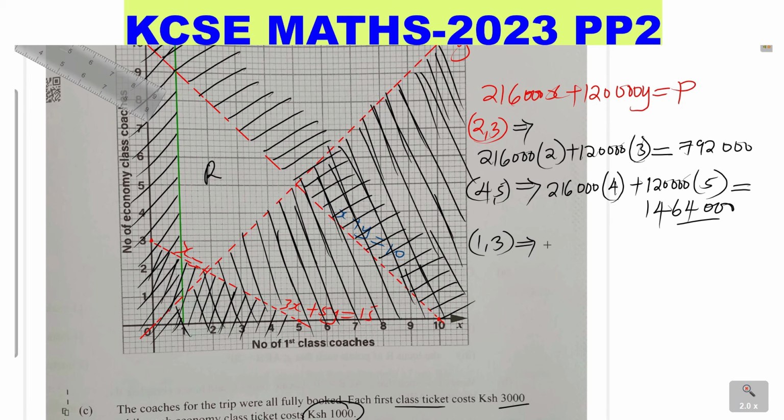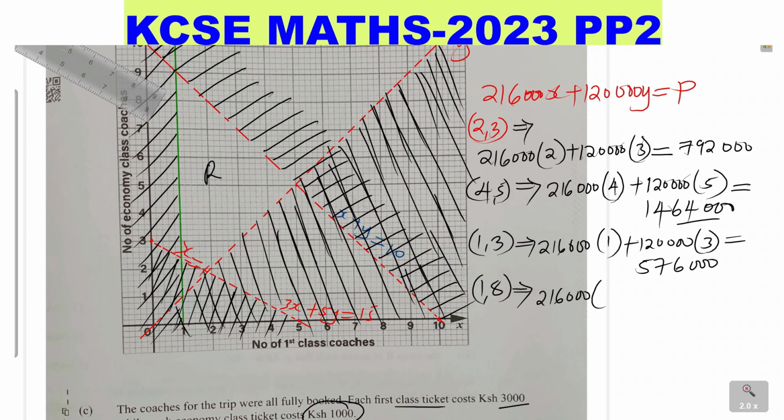So substitute this in the objective function, 216,000 times 1 plus 120,000 times 3, and this one will give 576,000. So pick the one on the upper side, which is (1, 8). So 216,000 times 1 plus 120,000 times 8. So this one will give 1,176,000.